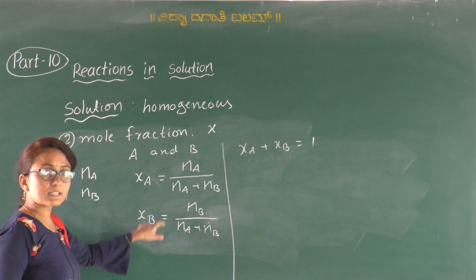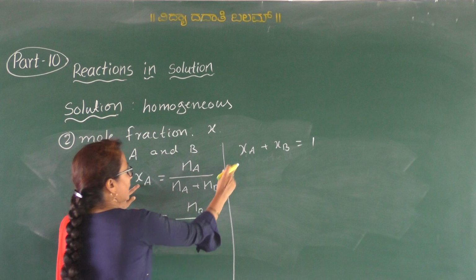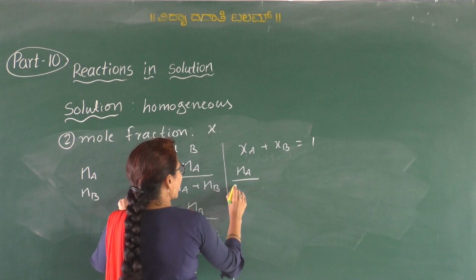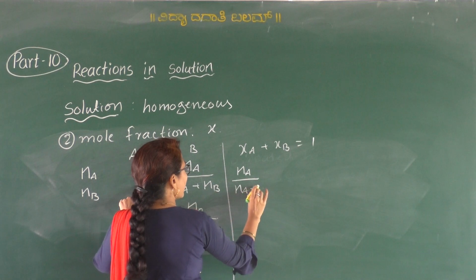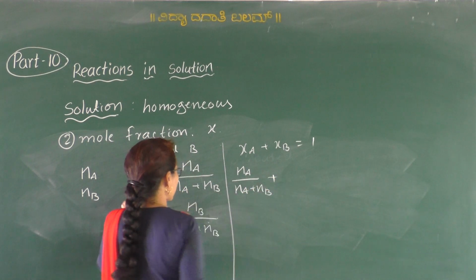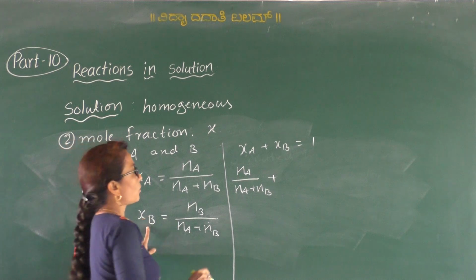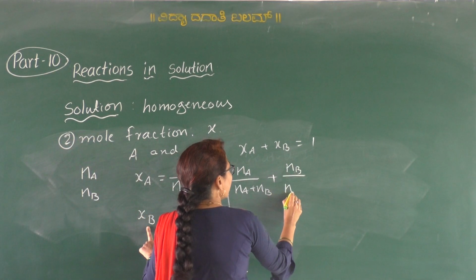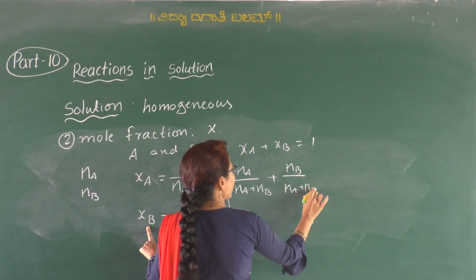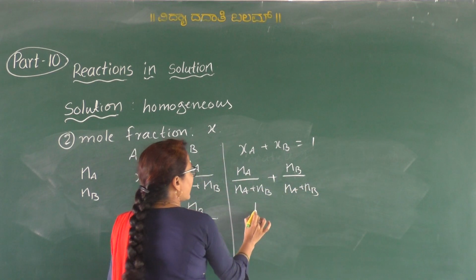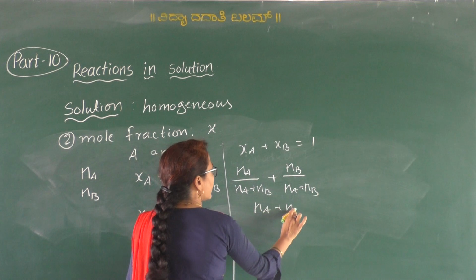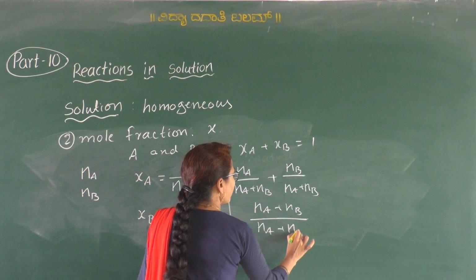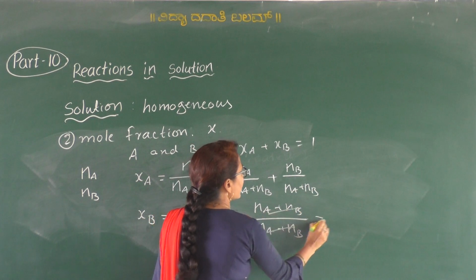So now consider this equation XA plus XB. Now substitute the values: Na divided by Na plus Nb, plus the mole fraction of B, number of moles of B divided by Na plus Nb. By solving this, we get Na plus Nb divided by Na plus Nb, which cancels, and that gives 1.